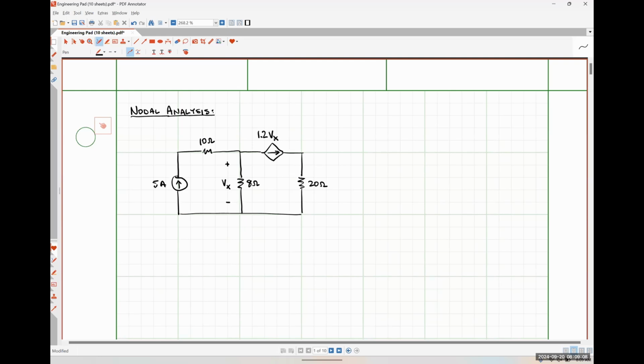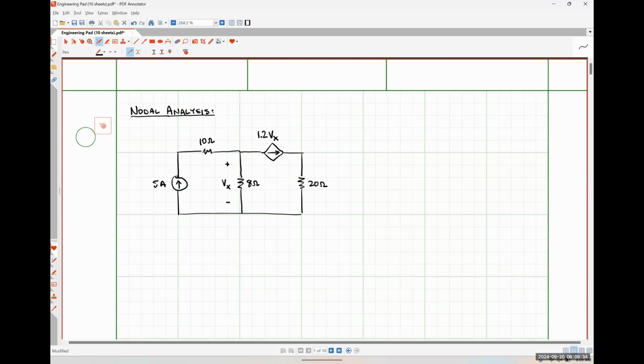I want you guys to notice none of the resistors are connected in series or parallel. So there is no opportunity to do any simplification using resistor combination techniques. We do have two current sources, but they are not connected in parallel, so we can't simplify anything by doing source combinations.